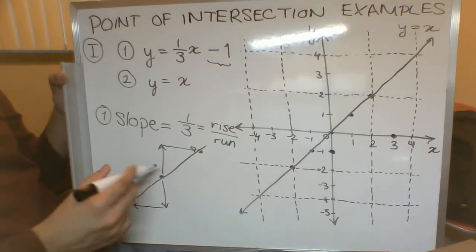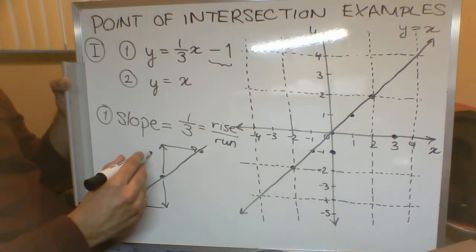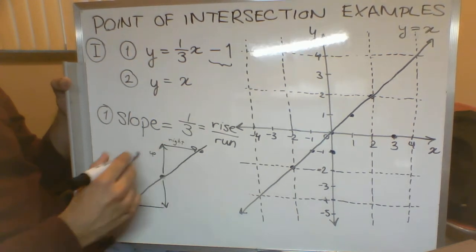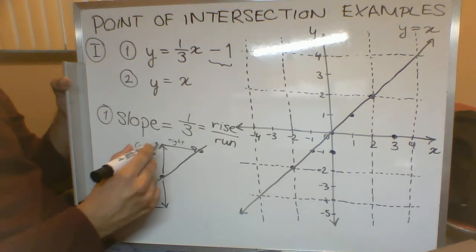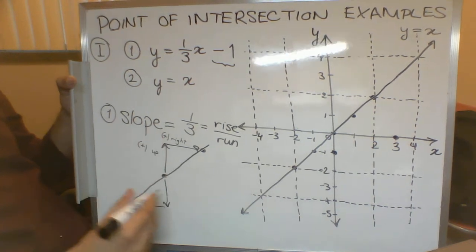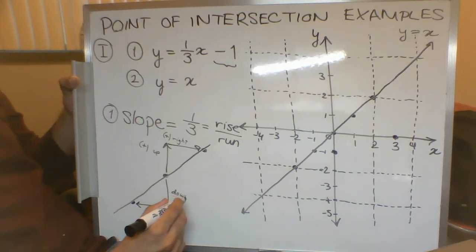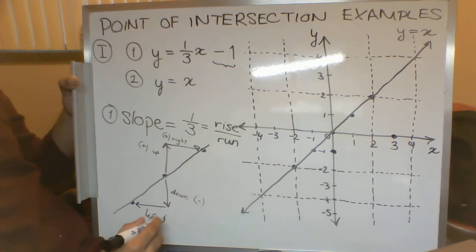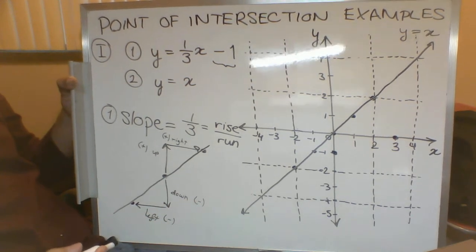So you can either do your rise over run going up and to the right, with a positive rise and a positive run, or you can do it going down and to the left, where down is technically a negative rise and left is technically a negative run.